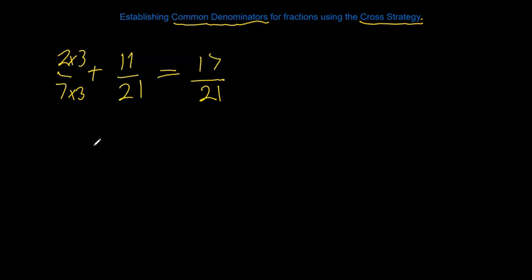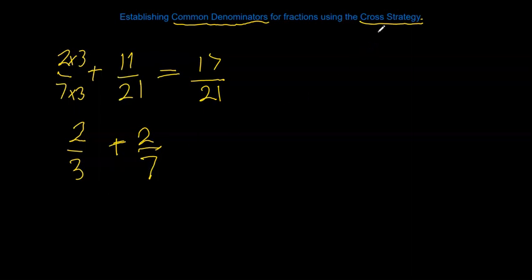So this is one way to establish the denominator, by just looking for the relationship. What about if there's no relationship between the denominators? For example, 2 over 3 plus 2 over 7. Here, when we look at the denominators 3 and 7, we don't really see a direct relationship. There is, but it's an indirect one, because in your multiplication table you know that 3 times 7 is 21.